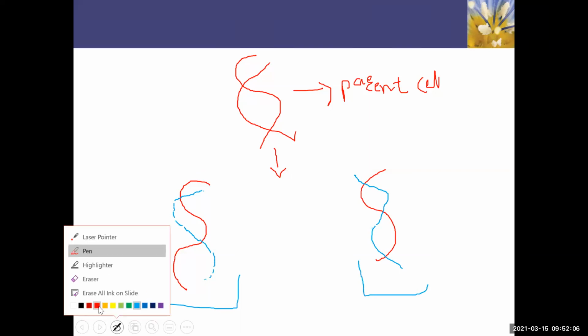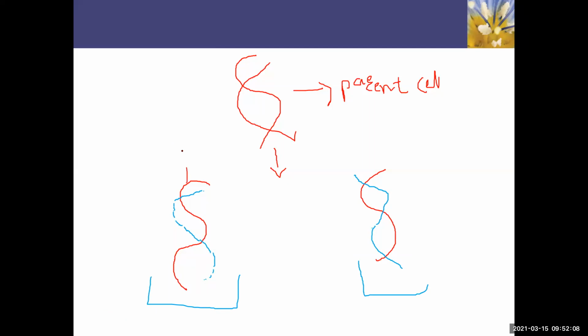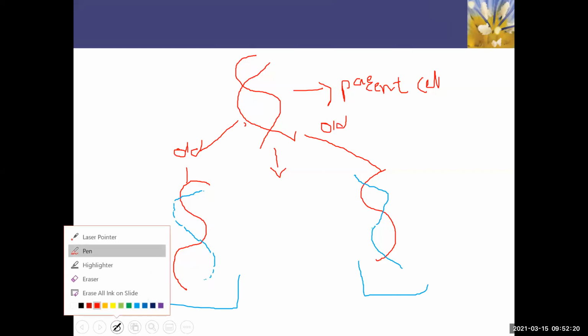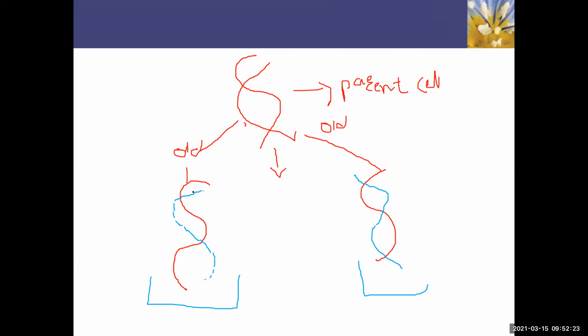Every time a DNA replicates, you will have an old strand which came from the parent, and these old strands form their own new strands. This is called the semi-conservative model of DNA replication.